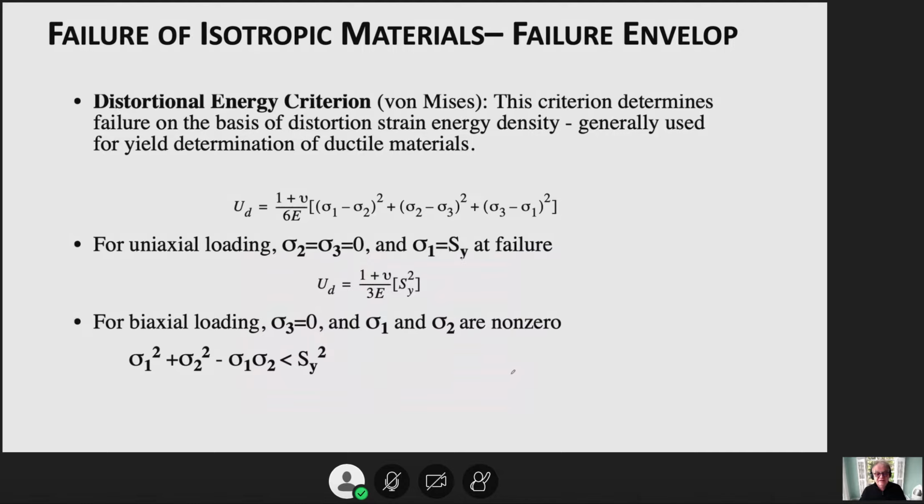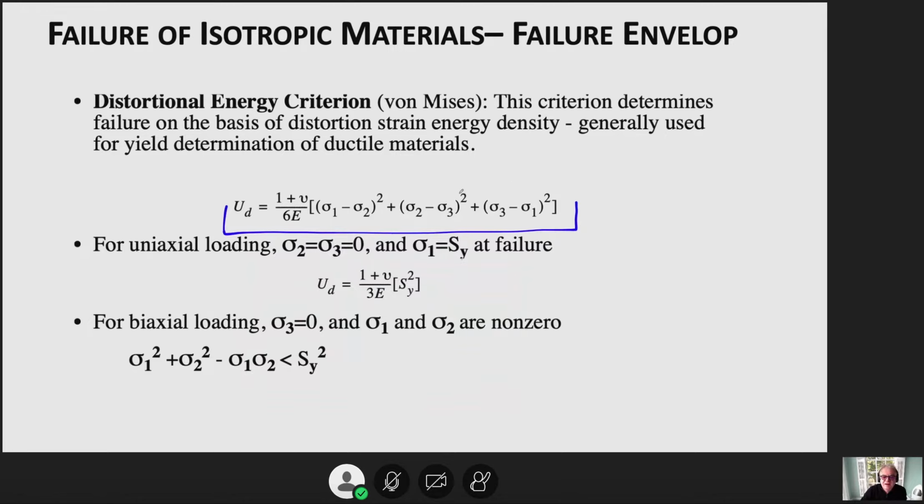And there, the isotropic version of it is called the von Mises distortion energy criterion, which is basically the distortion energy given in terms of the stresses sigma 1, sigma 2, and, in case we have a three-dimensional problem, sigma 3.